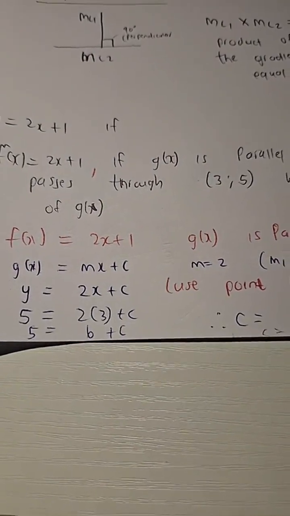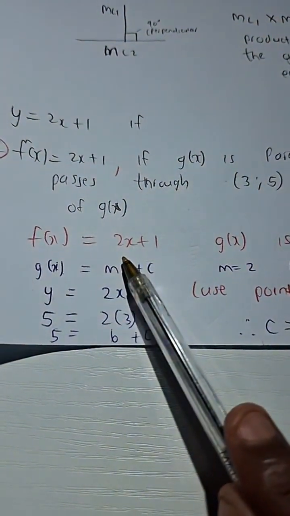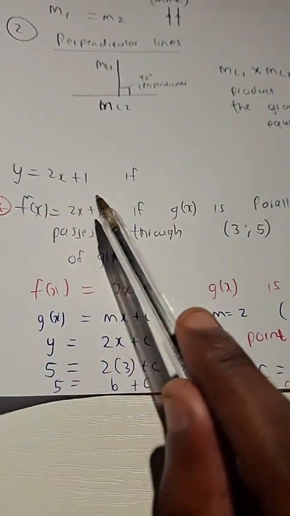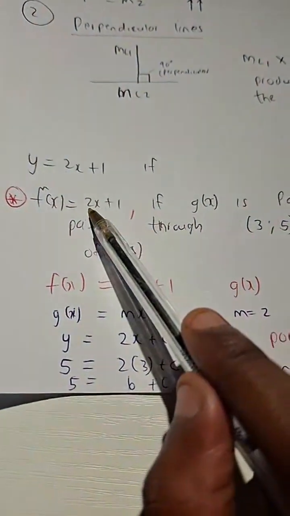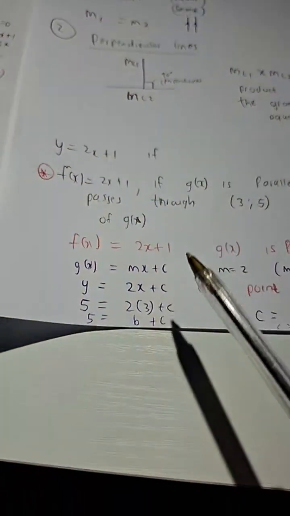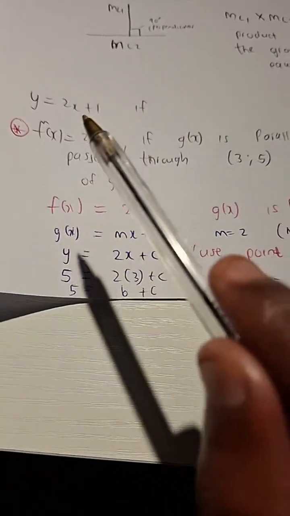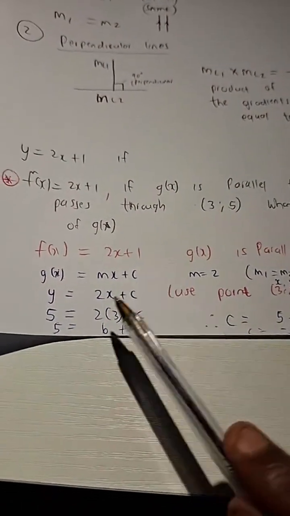Are you with me? So if the gradients are the same, then we can attribute the same gradient of f onto g, since f of x and g are parallel.